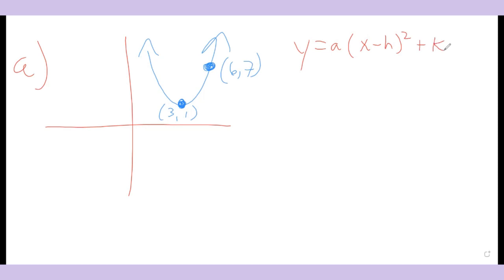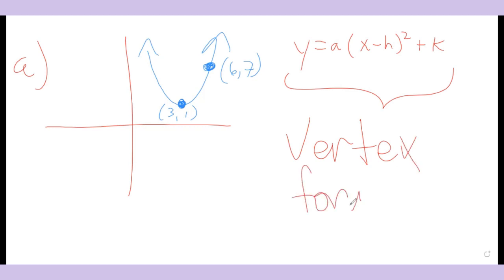This is one possible way to write the equation of a parabola. There are several ways. This is just one of them. And this is a nice way because this formula is what we call vertex form.